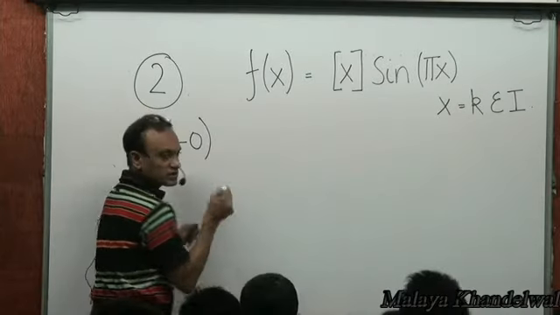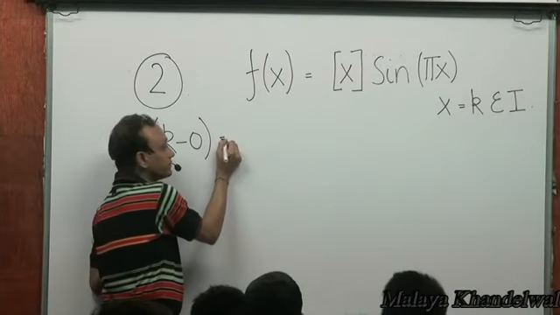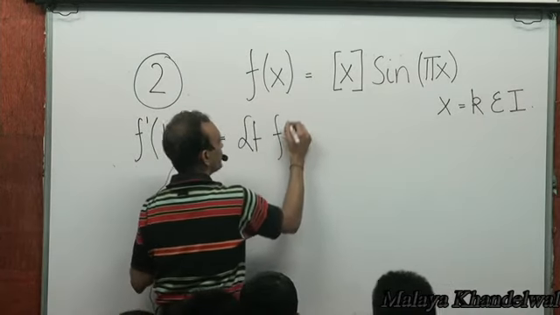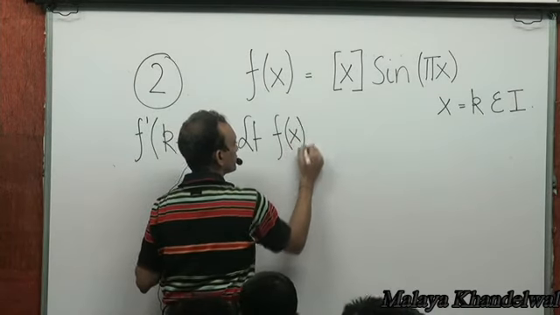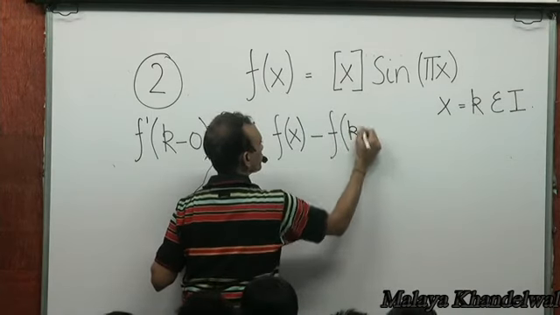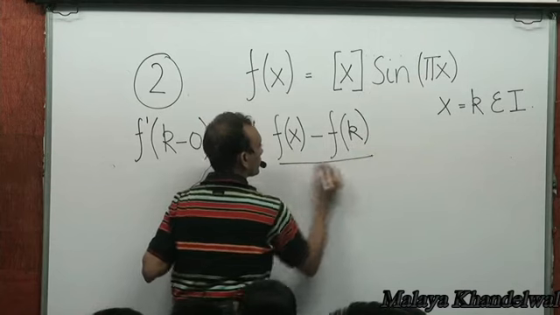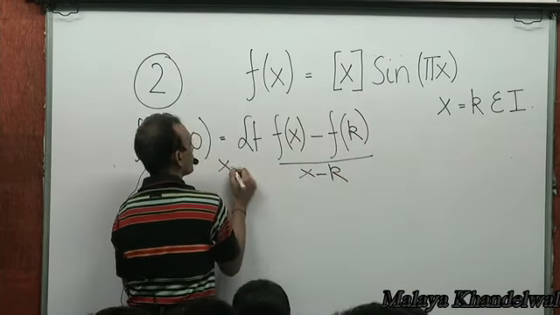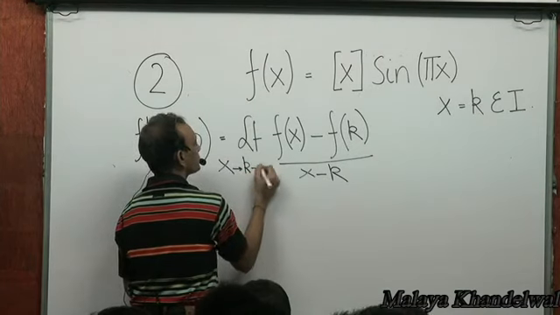Now f dashed k minus 0 is what? Limit f(x) minus f(k) by x minus k as x tends to k from the less than k side.